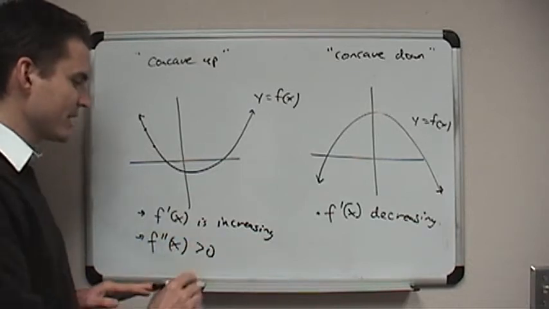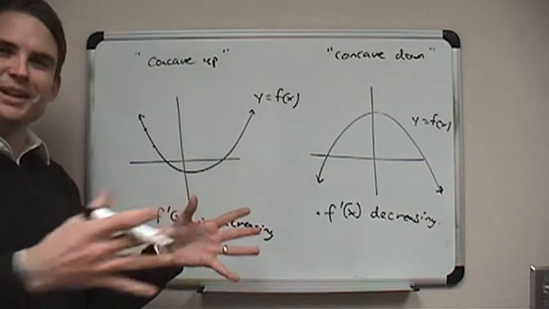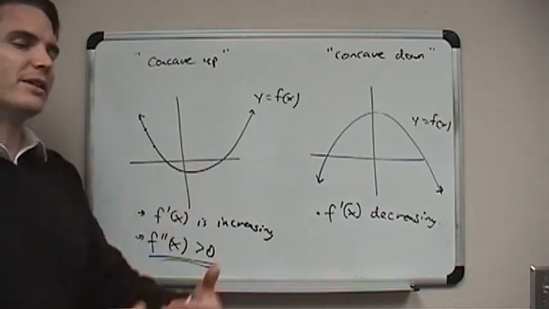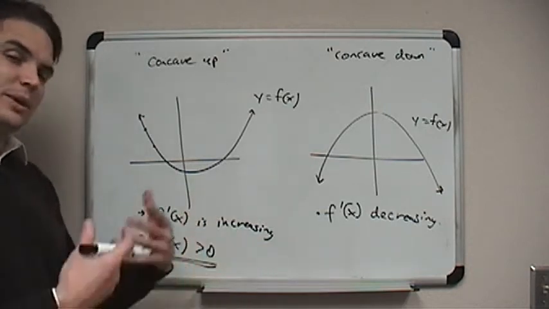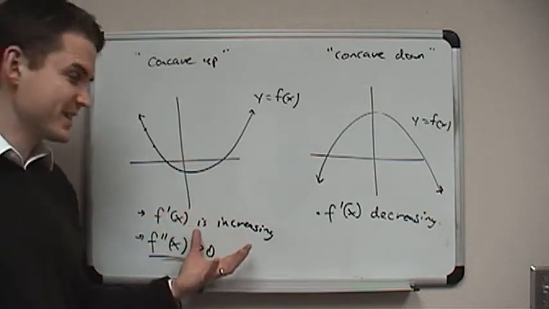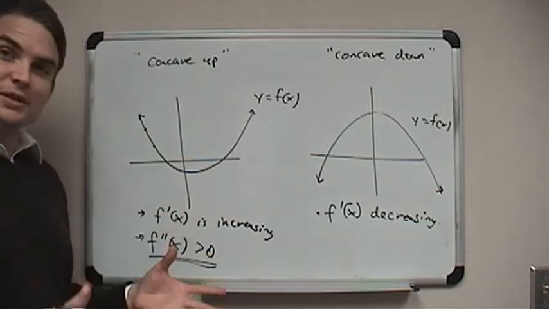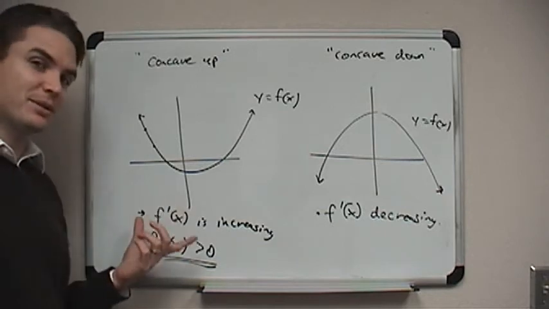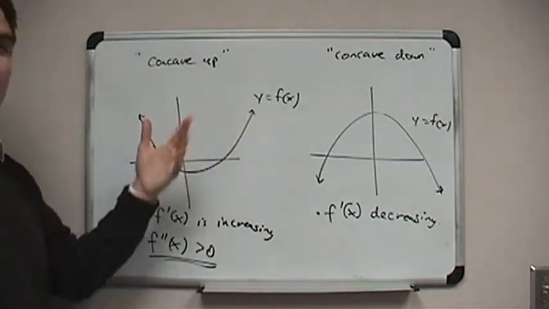It's getting complex here, but remember when the derivative is positive, it tells us the function is increasing. So what has to happen for the derivative to be increasing? Well, its derivative has to be positive. So the moral of the story is that whenever the second derivative is positive, it means the first derivative is increasing, which means the function is curving upward, concave up.